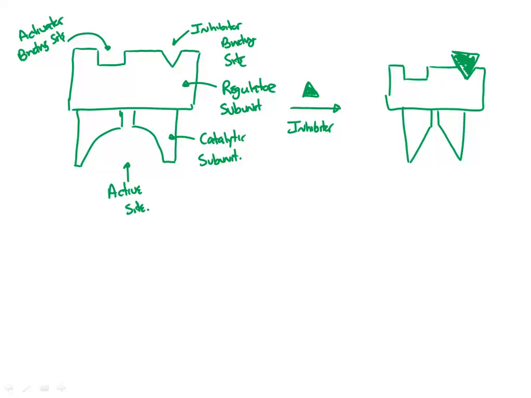So we've filled up the inhibitor site. And what that does is that causes a change in conformation or shape of the active site to prevent catalysis. Or basically, it's like we turned it off.